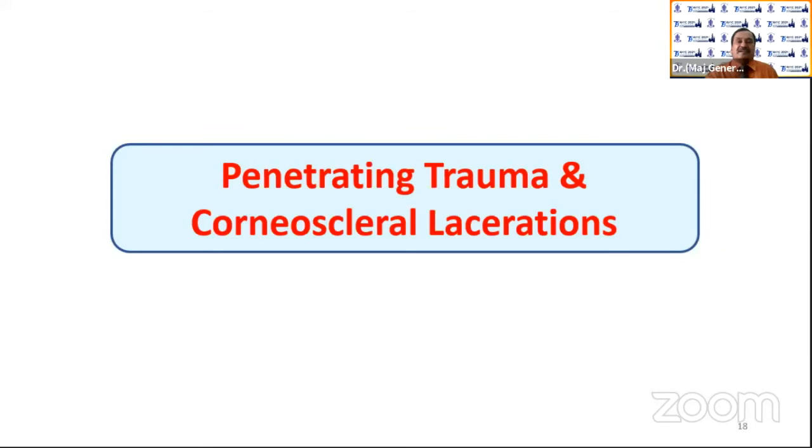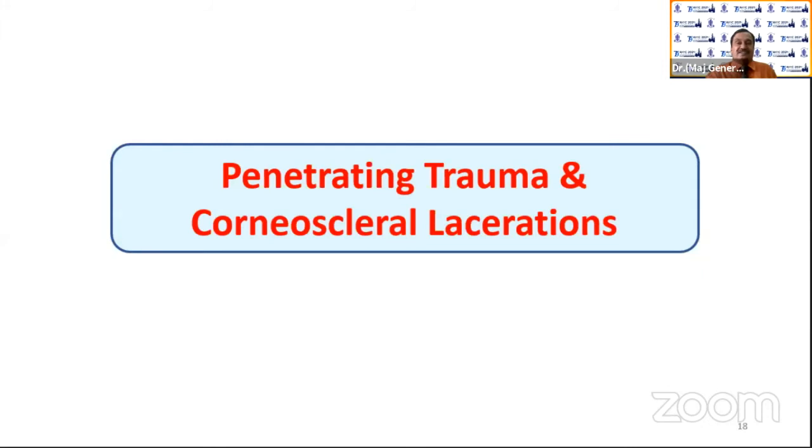Now we come to penetrating trauma. Corneoscleral lacerations are very common. Again, in domestic settings you may see them with sharp objects like scissors and knives handled by the child, or accidental injuries. Sometimes lead pencils can also lead to penetrating trauma.